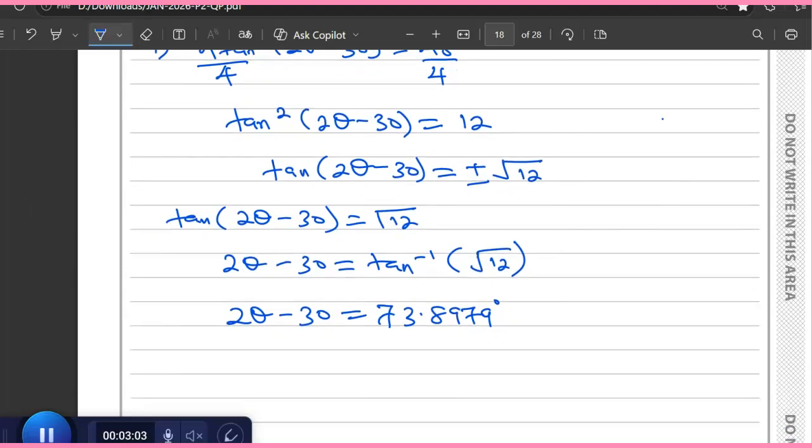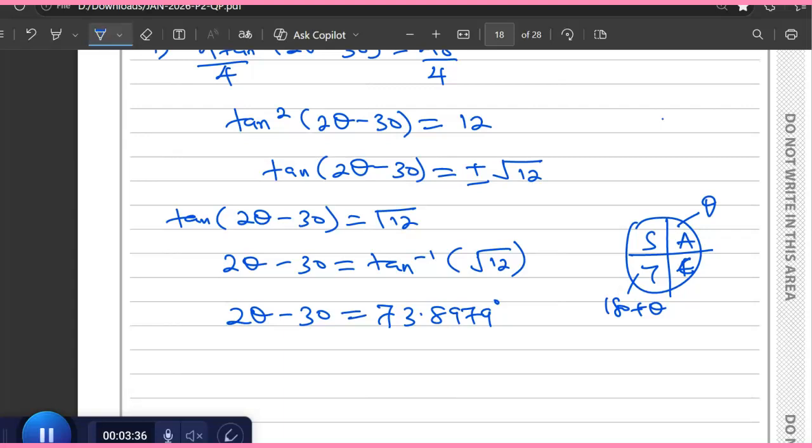Now already we have the basic angle, so we can consider the unit circle. Tan is positive in the first and third quadrant. So in the first quadrant already we have 73.8979. We can also get the corresponding angle in the third quadrant. So in the first quadrant we have theta. In the third quadrant we'll have 180 plus theta, where theta is the basic angle in this case.